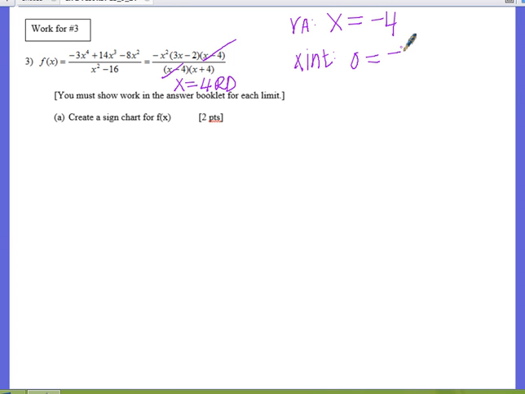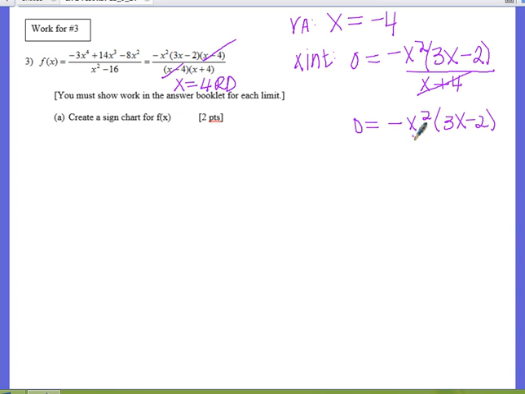And you can use the simplified function and not the function with the removable. That's this guy. Multiply by x plus 4 on both sides, and that would cancel, leaving you 0 is equal to negative x squared times 3x minus 2, so you have two zeros. This one would give you x equals 0. This one here would give you x equals 2/3.